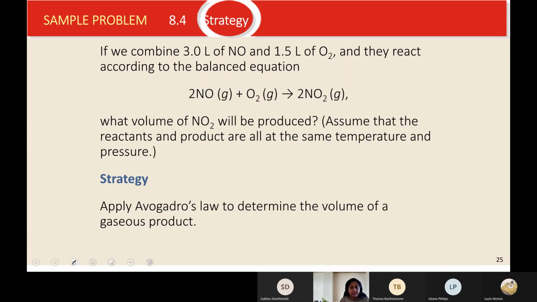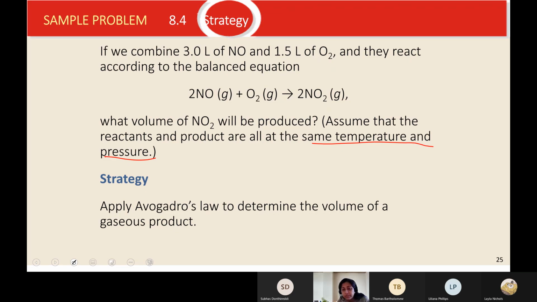Look at this example. If we combine 3.0 liters of nitrogen oxide and 1.5 liters of oxygen, and they react according to the balanced equation, 2NO gas plus O2 gas gives 2NO2 gas, what volume of NO2 will be produced? Assume that the reactants and product are all at the same temperature and pressure. Good.